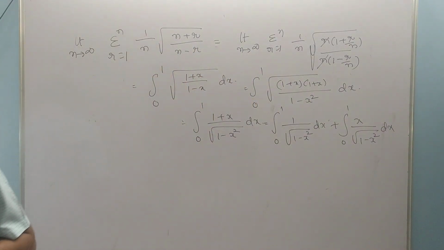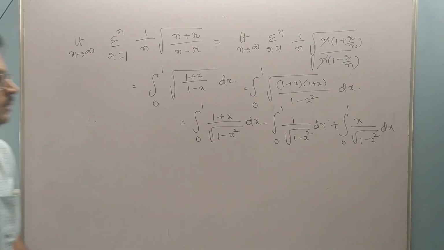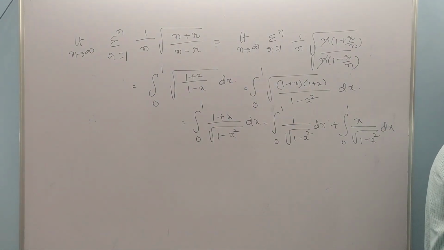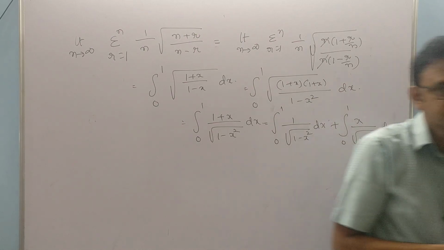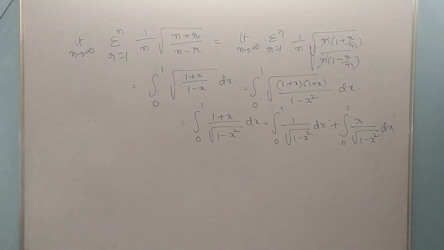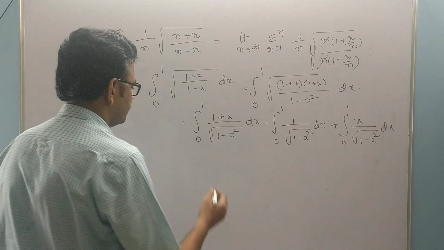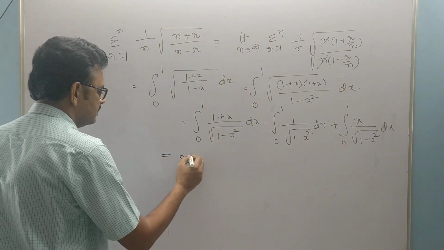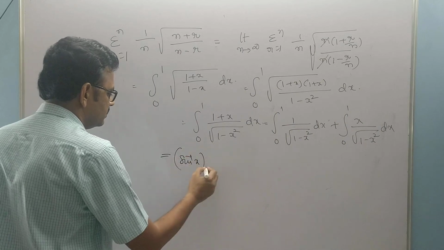Now the first one is a direct one. First one is nothing but sin inverse of x, limits 0 to 1.